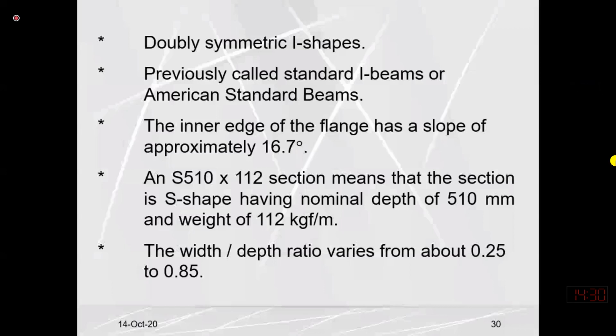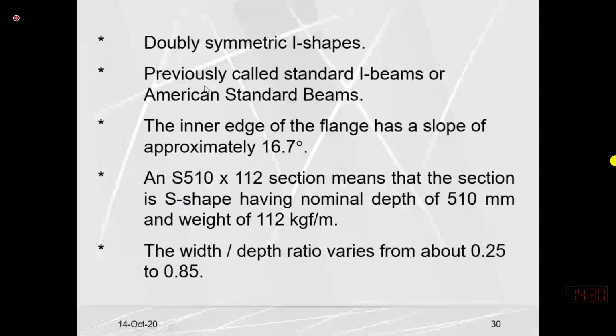It was previously called standard I beam or American standard beam section, but now we refer to it as S, or doubly symmetric I shape section with sloping inner surface. The inner edge of the flange has a slope of 16.7 degrees. The standard designation is the same.